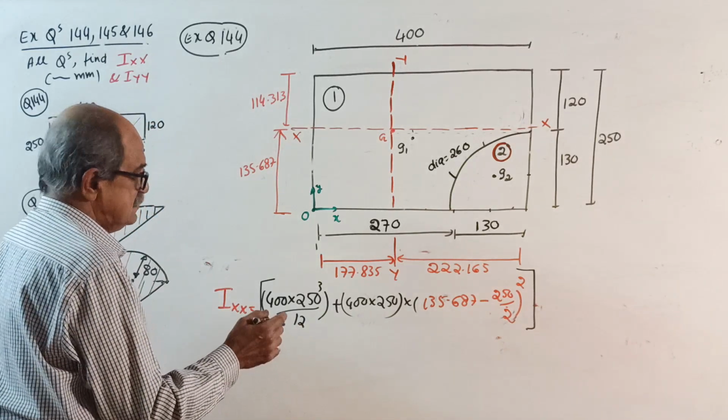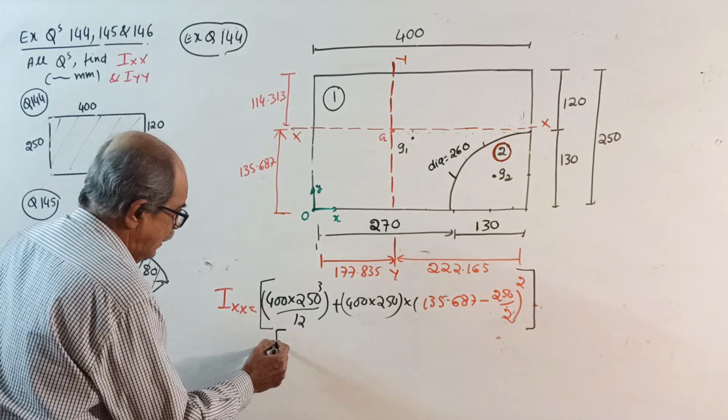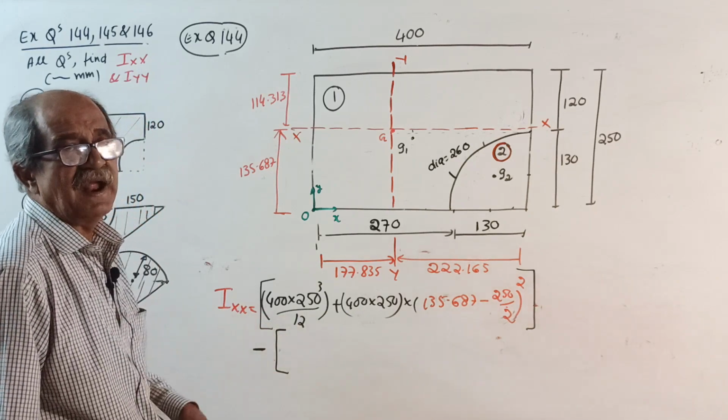Next, what you have to do? Write Ixx for 2 separately, then subtract it.